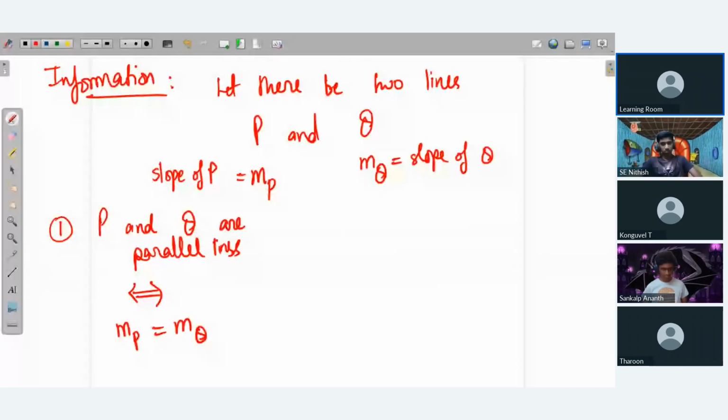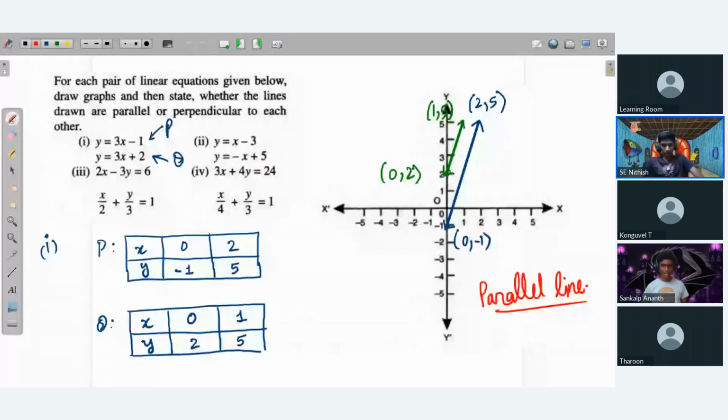In our case, can you see what is the slope of both the lines? What is the slope?